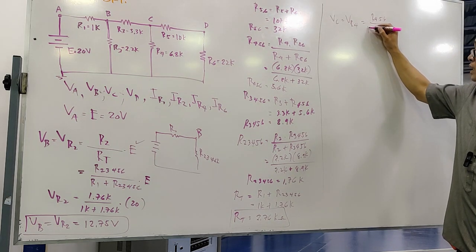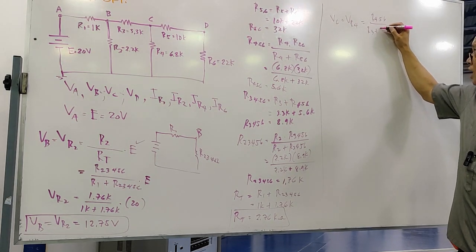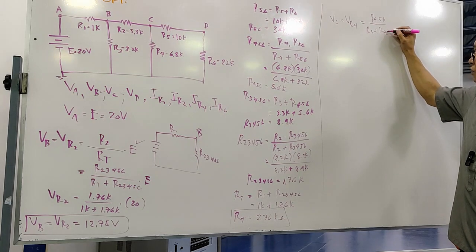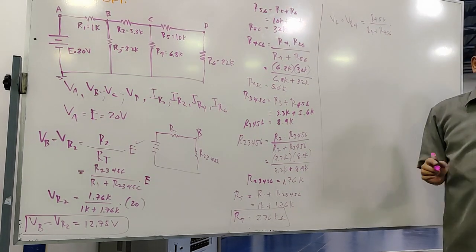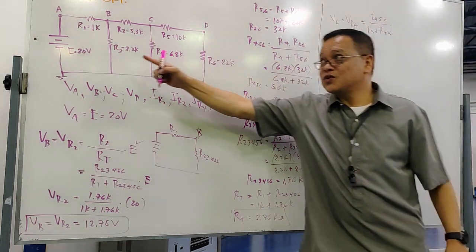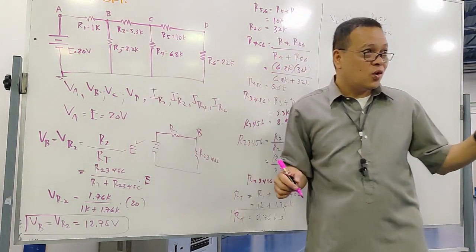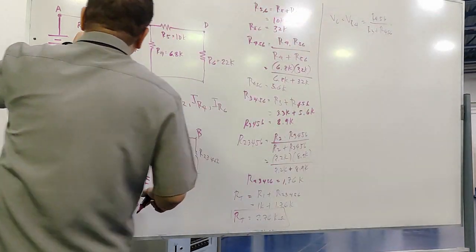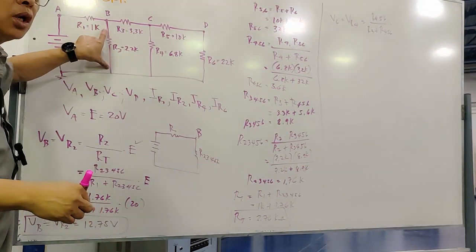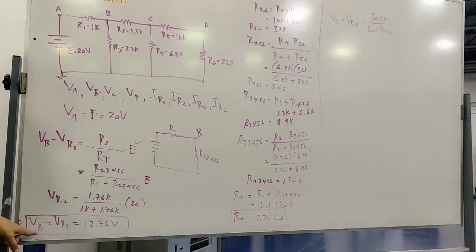R3 plus R4, R5, R6, that is R3 plus R456, multiplied by the source. Not this source now, not the 12.7. What is the source now? 12.75. Yes, because now this becomes the source: the voltage across VB, the new source.